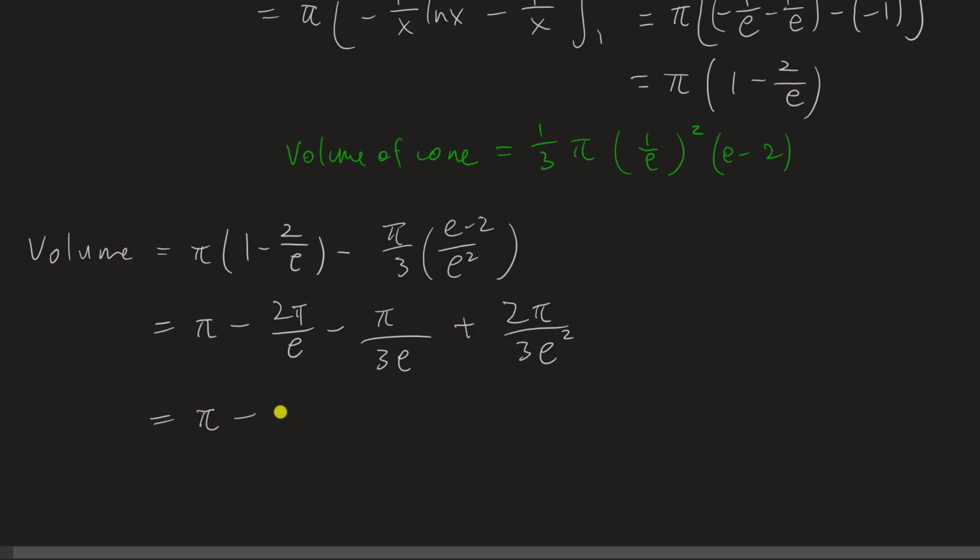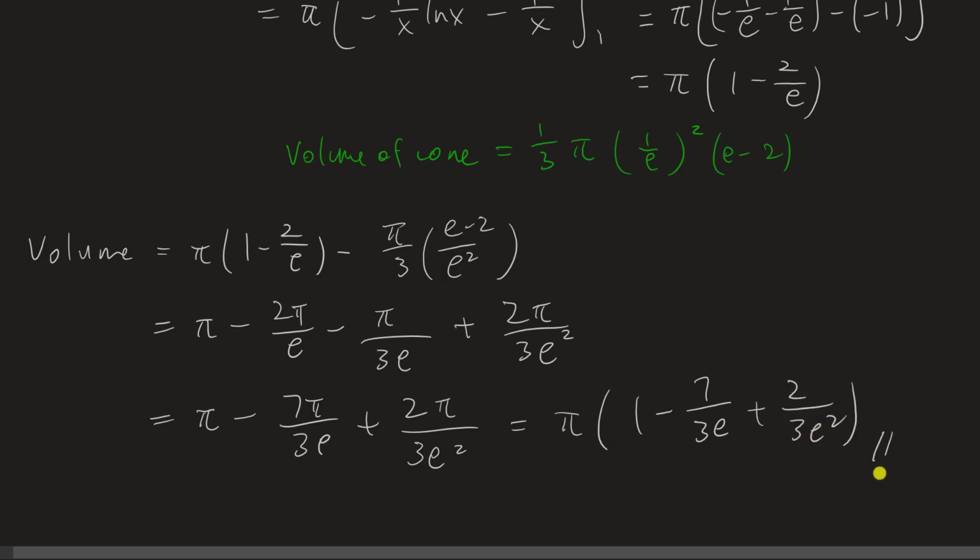By factorizing out the pi over e, I'll get 2 plus 1/3. 2 and 1/3, 7 over 3. This will be 7 pi over 3e plus 2 pi over 3e squared. Factorize out the pi, I'll get 1 minus 7 over 3e plus 2 over 3e squared. And this is for the people who really want the expression to look nice. If you're running out of time in exam, leave your answer like that.